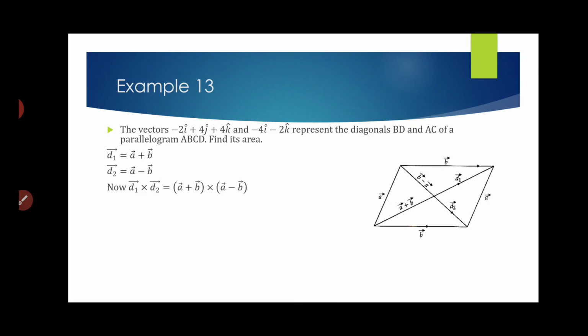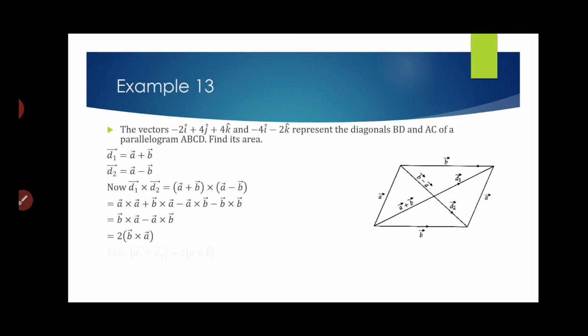Now we know that the cross product is distributive over addition and subtraction, so we can break it. Now a cross a is 0, b cross b is 0, so we are left with b cross a and a cross b. Now a cross b, if flipped, becomes b cross a, positive, so it gives you twice b cross a, right?